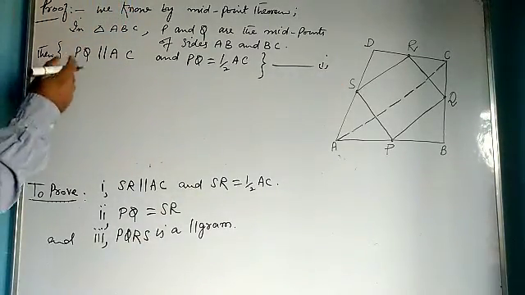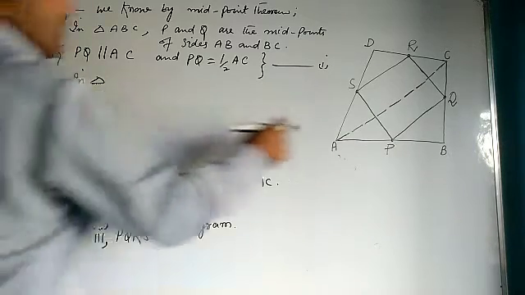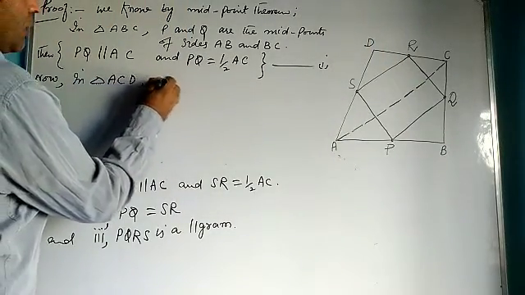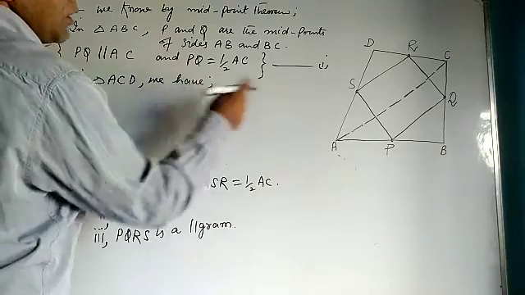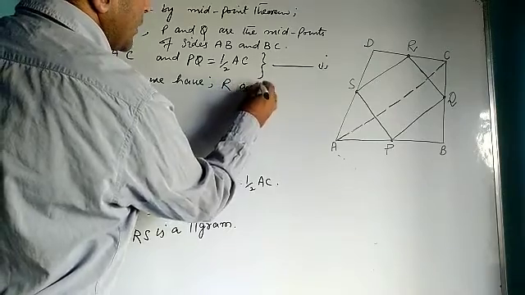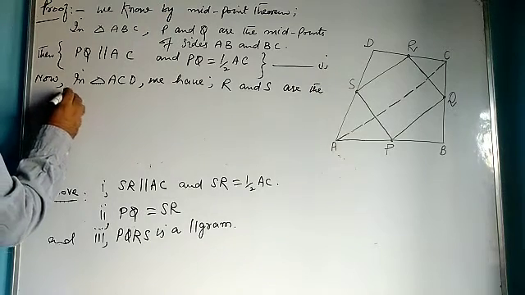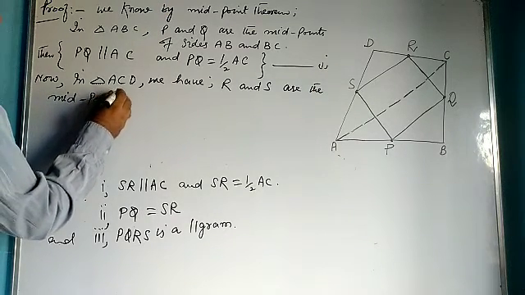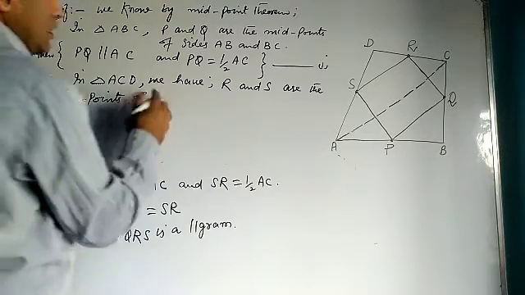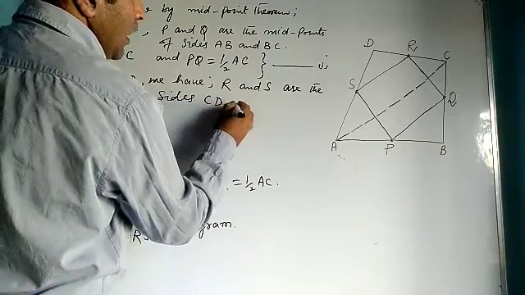Now similarly in triangle ACD, we have again R and S are the midpoints of sides CD and AD.